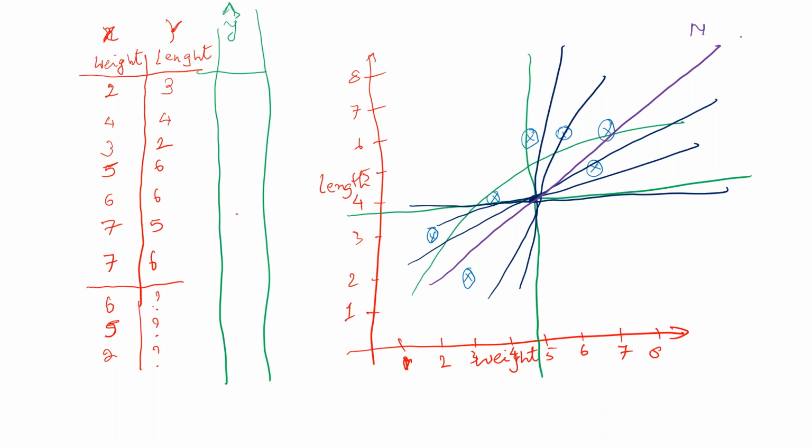Basically, while training on the data it has tried many lines.